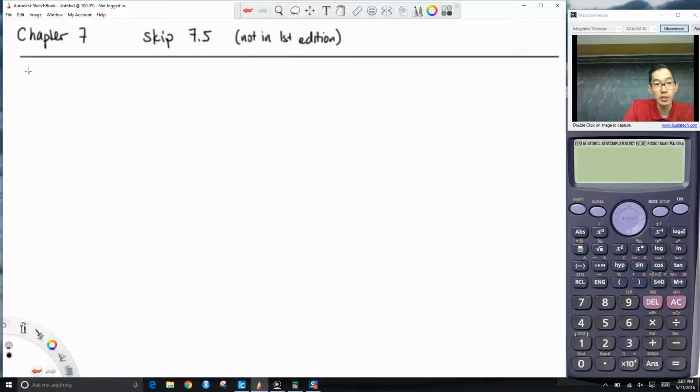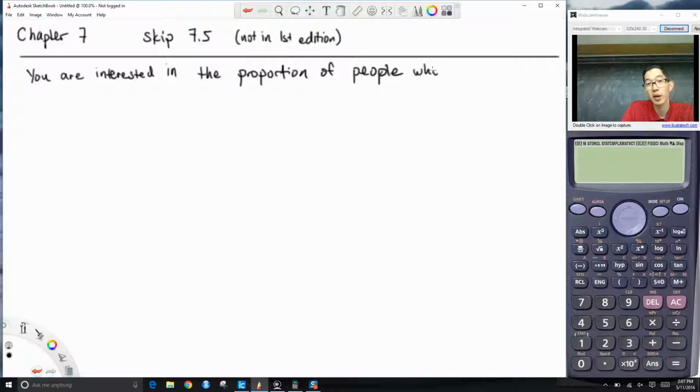Let's say you are interested, and I just completely made up these numbers. So you are interested in the proportion of people who own vehicles, or who own a vehicle.